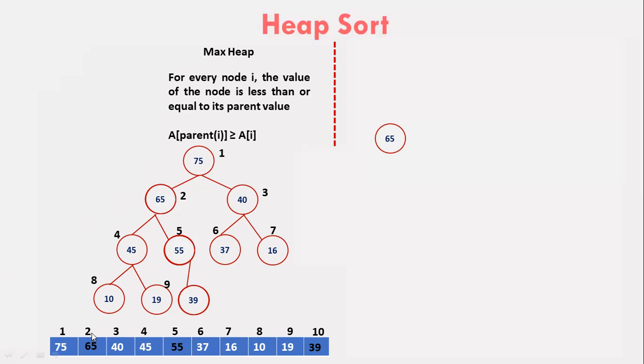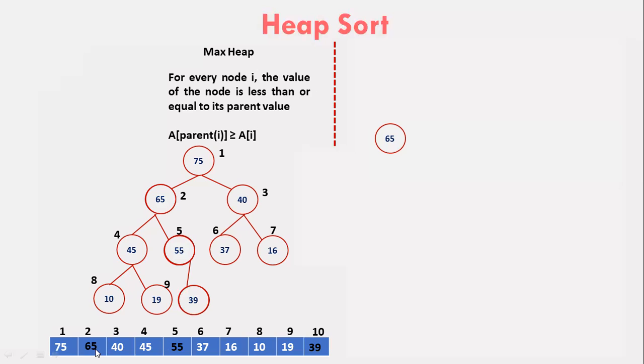So my I value is 2. I by 2, 2 by 2 is 1. So at index 1, 75 is there. So 75 is the parent of 65, and 75 is greater than 65, so the condition became true. Since 65 is clearly smaller than 75, it satisfies the max heap condition.